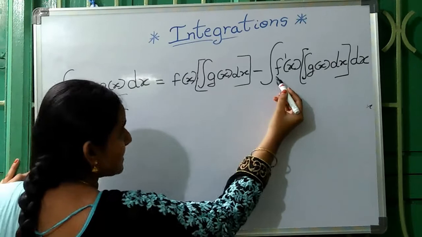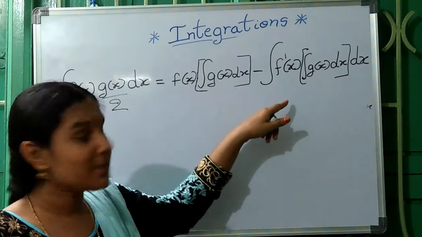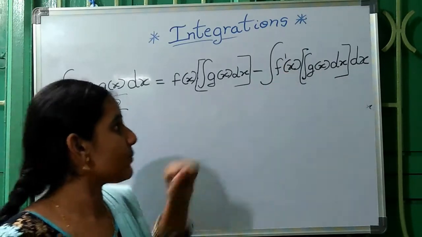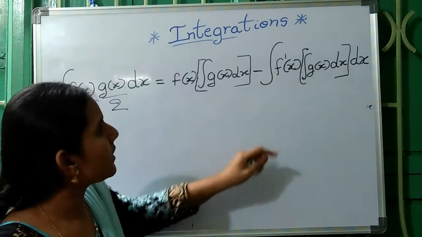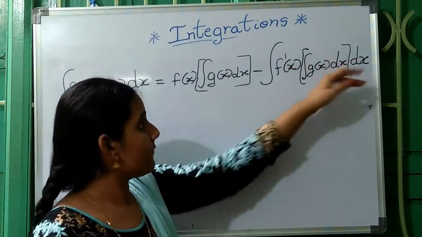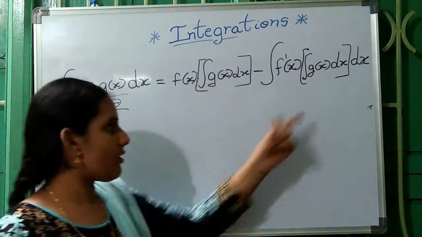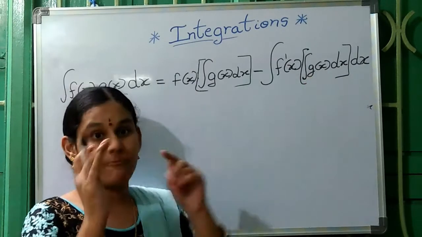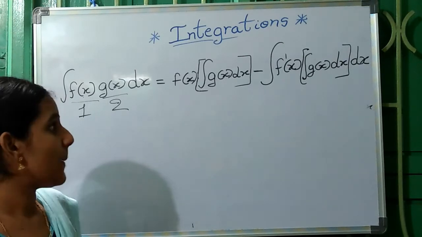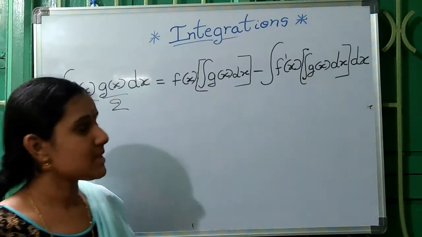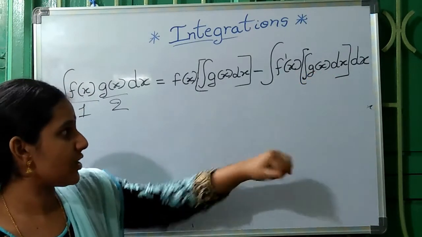Differentiation of f of x is f dash x, or d by dx of f of x. Then integral f dash x into the function which we get after integrating the second priority function.